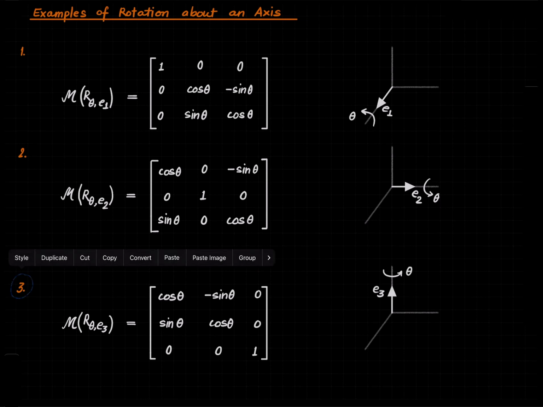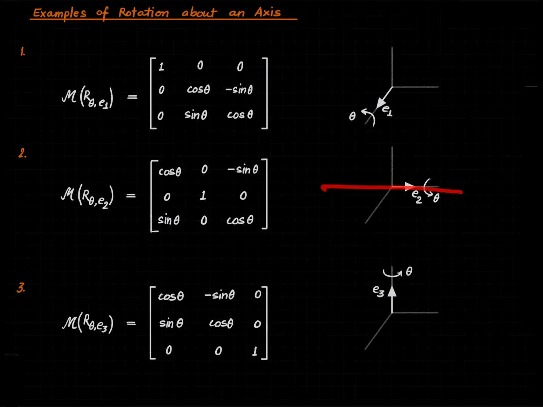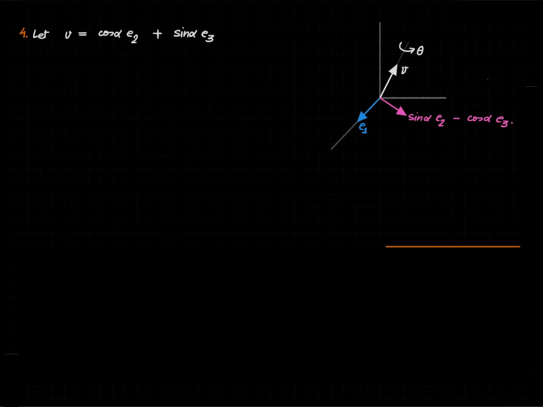But more interestingly, suppose we do not have these very easy axes. Suppose we choose a rather complicated axis. Not the most complicated one, but sufficiently complicated. So our vector V is now lying in the plane of E2 and E3, but it is not along E2 or E3. It is tilted.